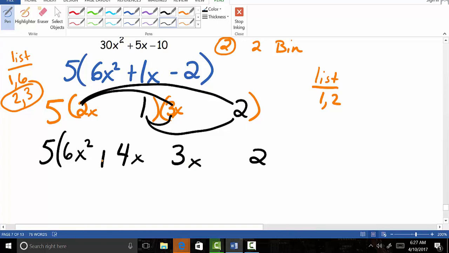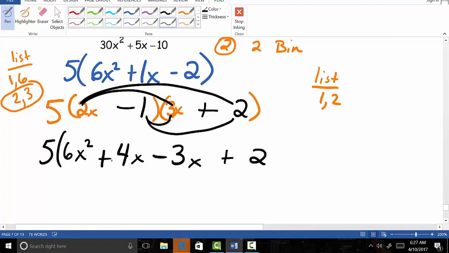This would have to be a positive 4x, and this would have to be a negative 3x. Working our way backwards with the signs, this would have to be a positive to get the positive 4x. 2 times the 2x gets the positive 4x. And then this one would have to be negative, because we had to have negative 3x. Negative 1 times positive 3, we get our negative 3x.